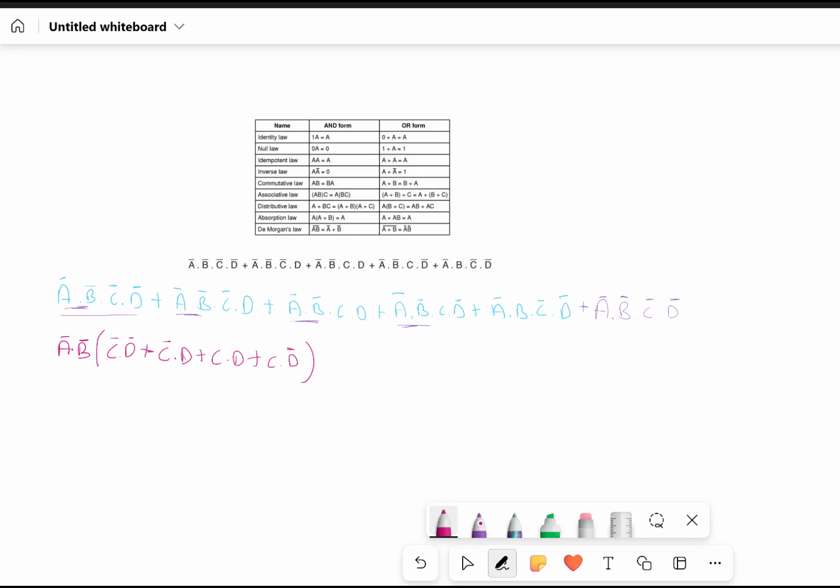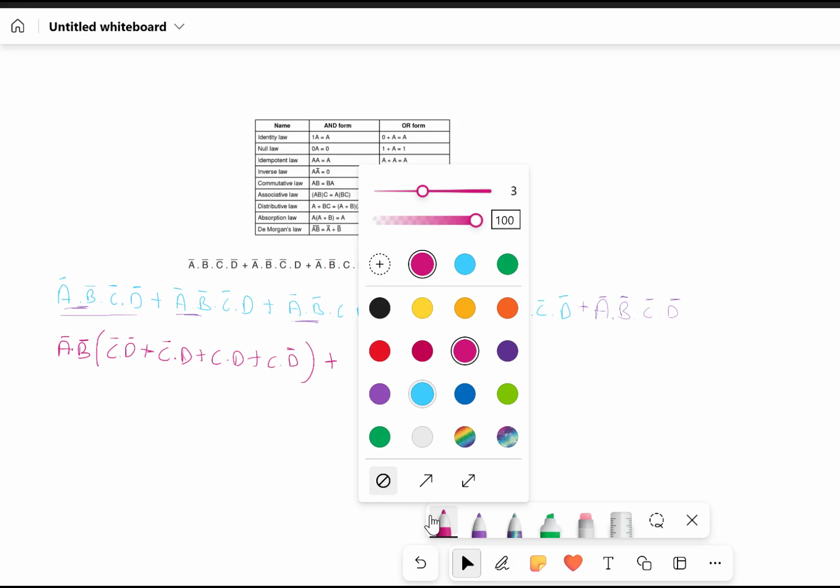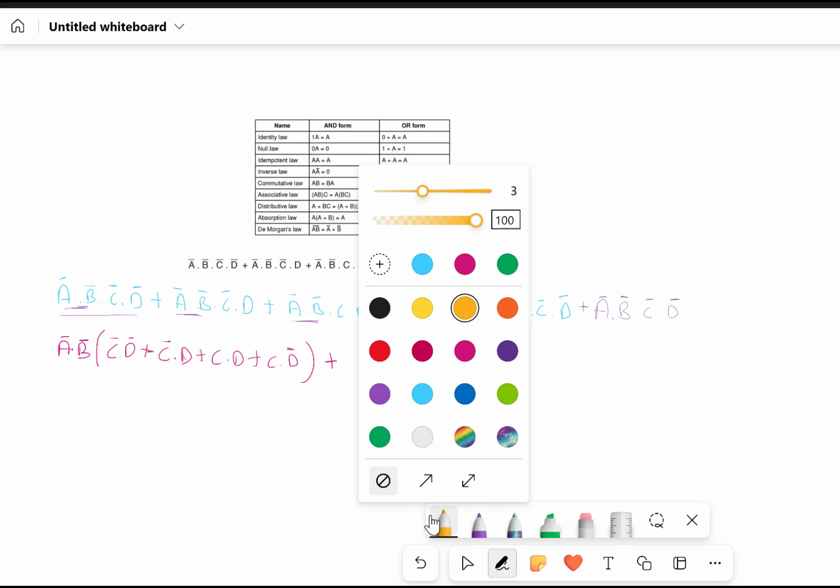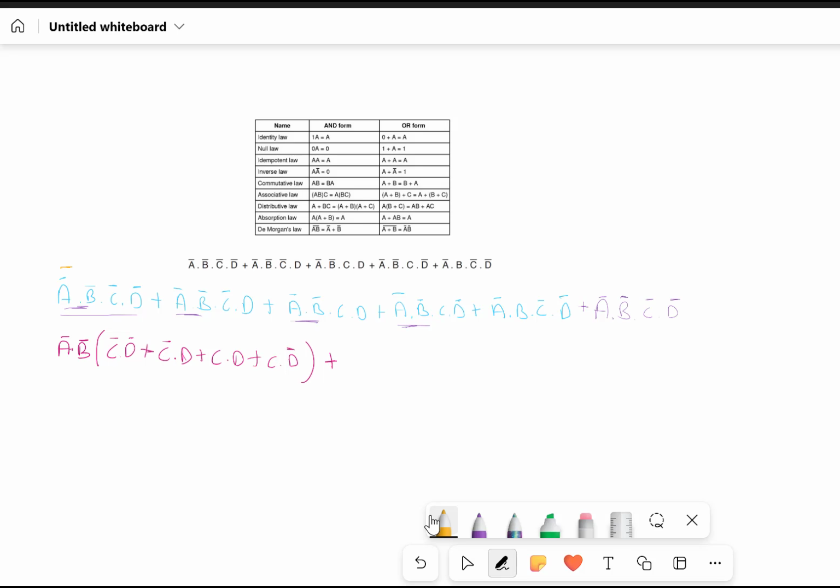But we've also got another pattern. Let's choose a different color. Not A, not C, and not D. This one has not A, not C, but not D, so we ignore that. We ignore this one as well because it doesn't have that pattern. And here we go, not A, not C, and not D, so anything with orange.